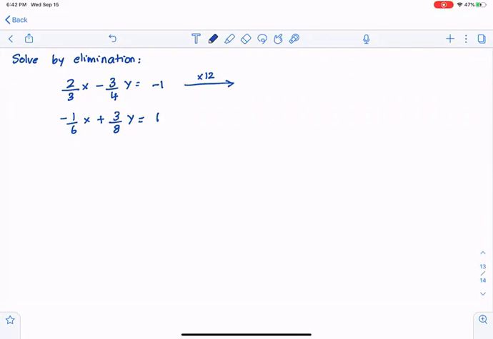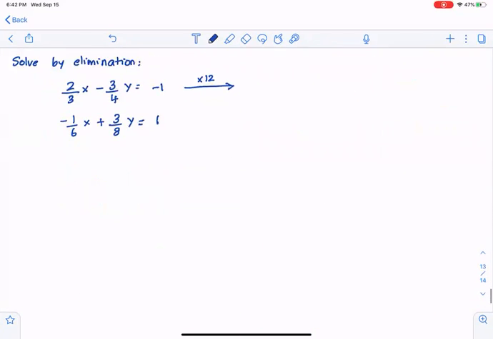The reason being, there is no common factor between 3 and 4 other than 1. Here, I can multiply both of them by 24, because you can cancel 24 by 6, you can cancel 24 by 8. So both of them can be cancelled, so the denominators can be gotten rid of.